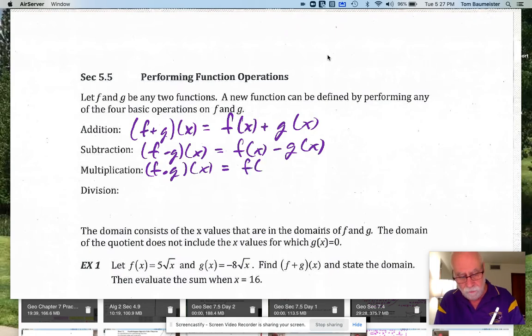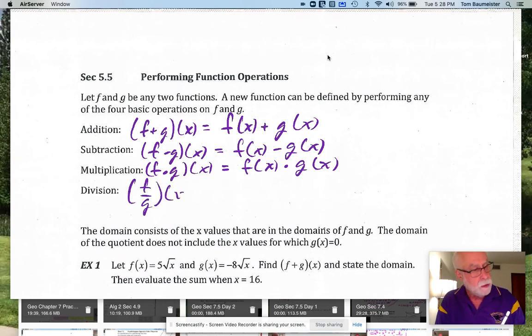So we can say it's f of x times g of x. And then division, we will have f divided by g of x. We can write that then as f of x divided by g of x. And that's what we're going to do today.